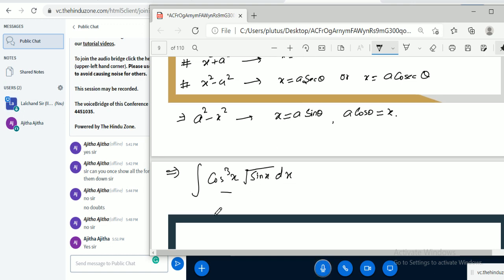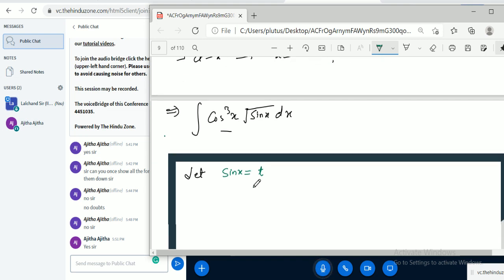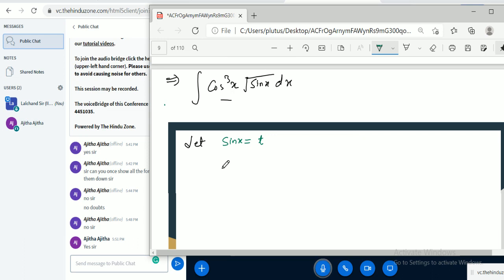So if we assume let sin x equal to some variable t, okay, and we differentiate both sides of this equation, then we get cos x dx equal to dt, isn't it?